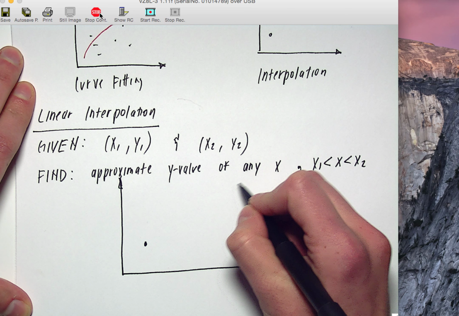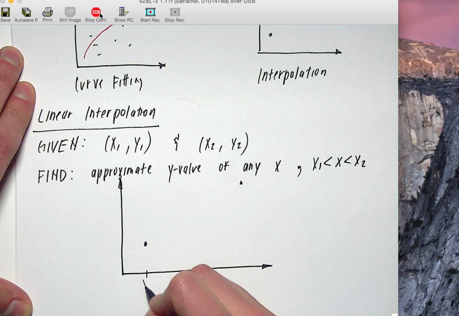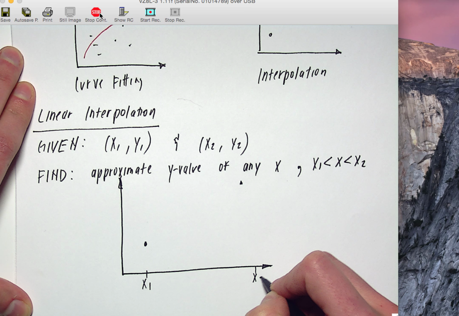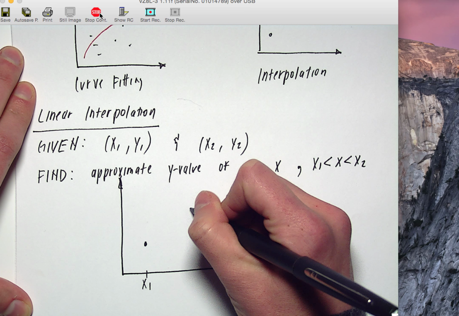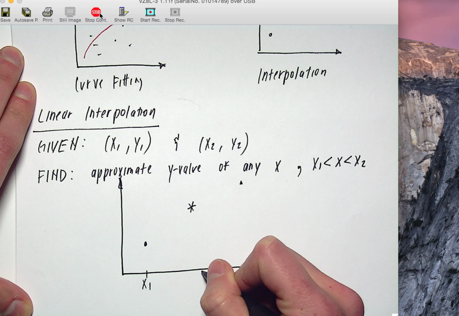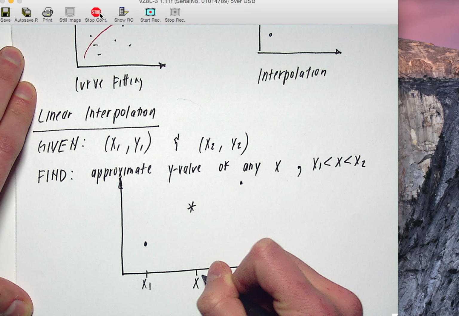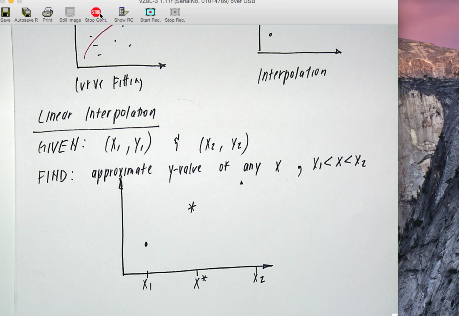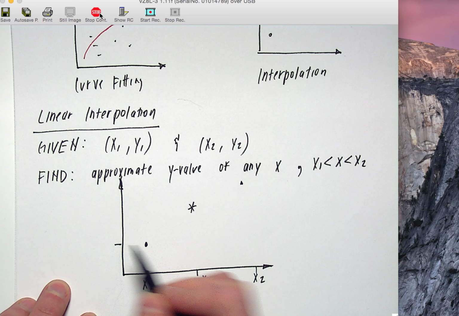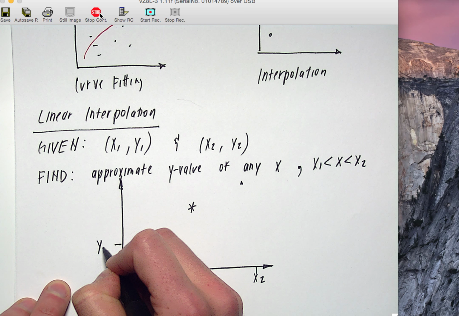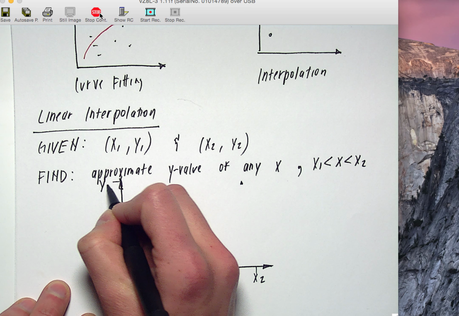So we'll draw out the 2 points and we'll label them. And then we'll draw out an example x point. And the standard notation with interpolation is that the interpolated value uses a star. So I'm going to call it x star. Along with their x values, each one has a y location as well.